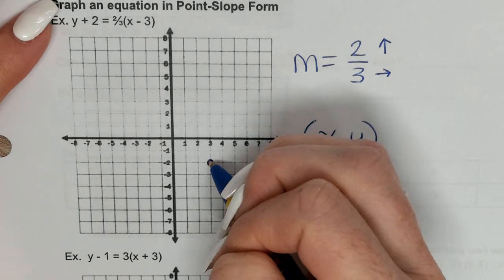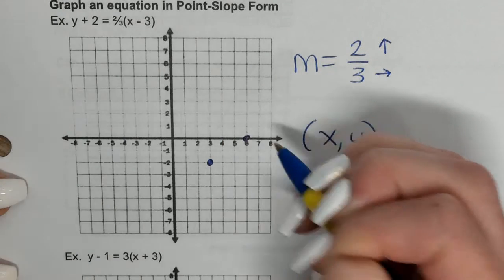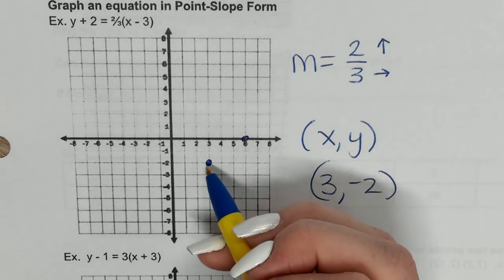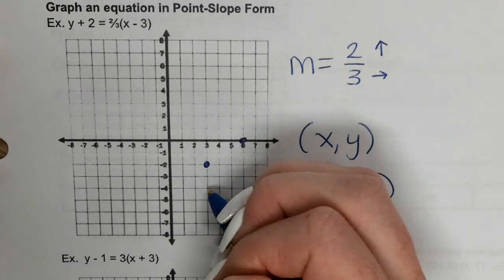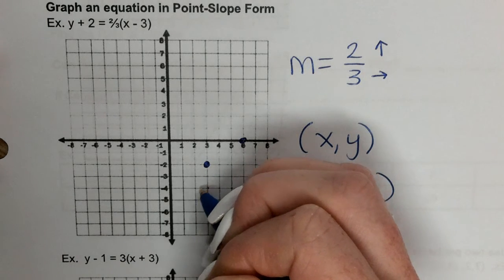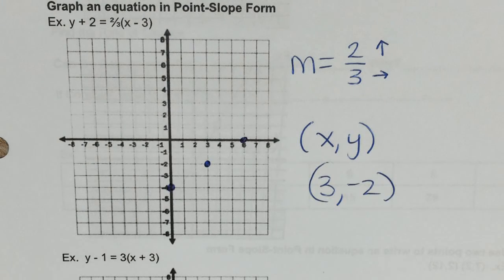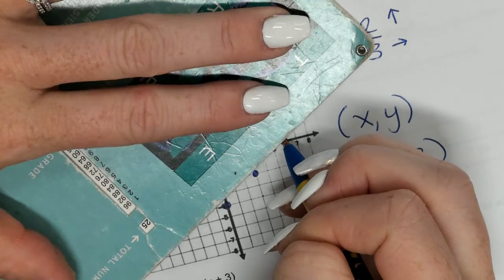So up 2, right 3. Do I need one more dot? Can I keep going up and right? So I'm going to go back to my original point and go down and left. So down 2, left 3. I need at least 3 points, and I have that. So now I just connect my dots, and that's my graph.